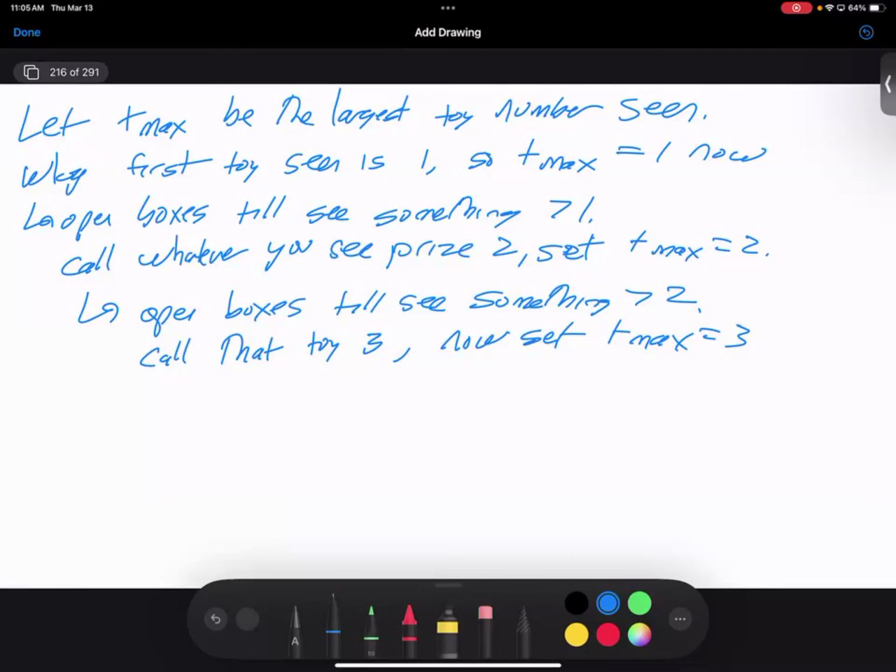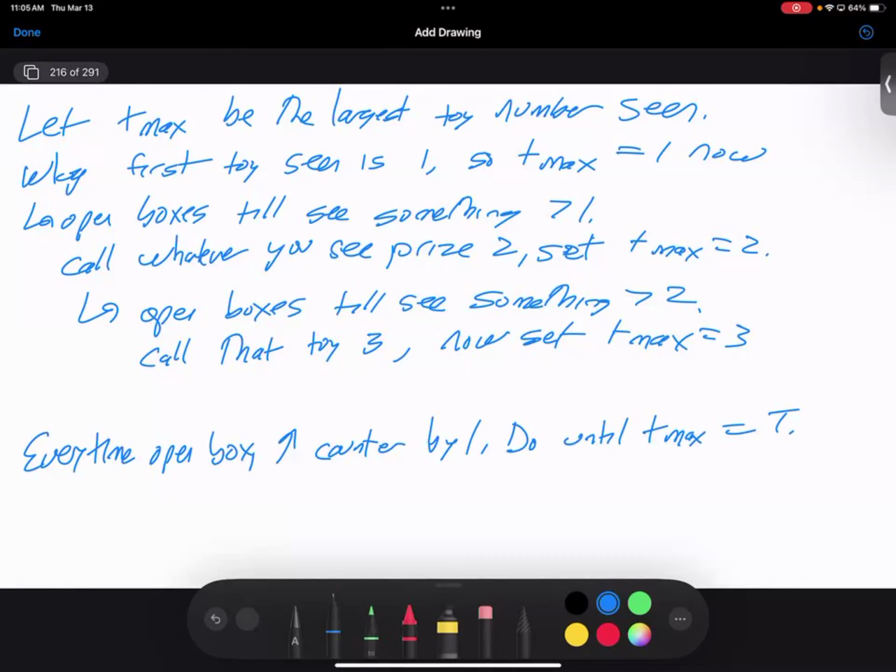And so yes, we have to also increment how many toys. So every time we do this, we would increase that counter by 1. Every time we open a box, increase the counter by 1. And so now we would just keep going until T max equals t. And that will give us how long it took in this random process.